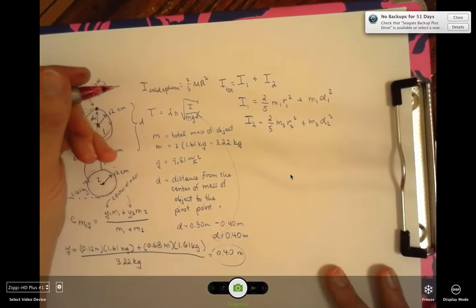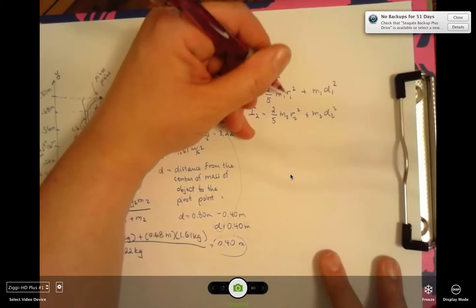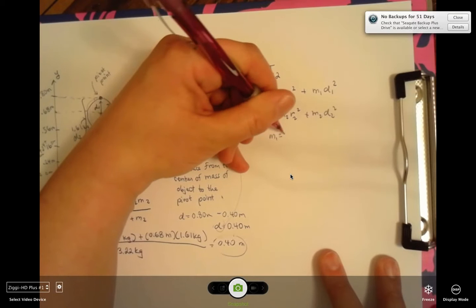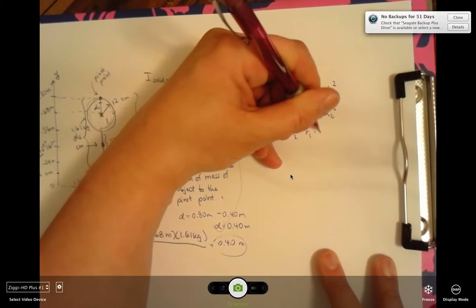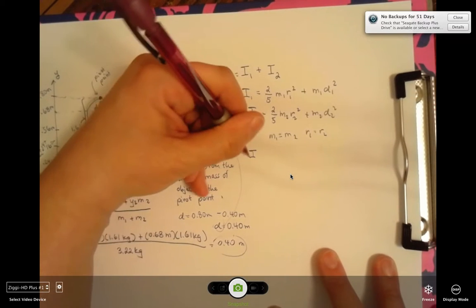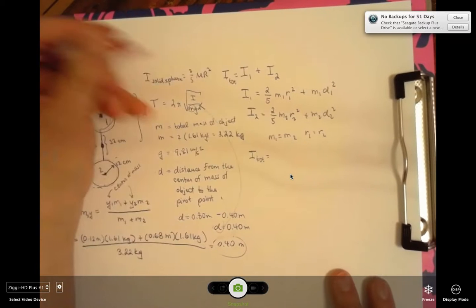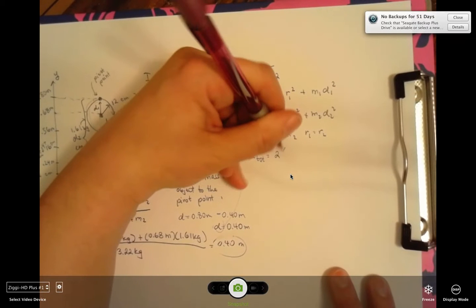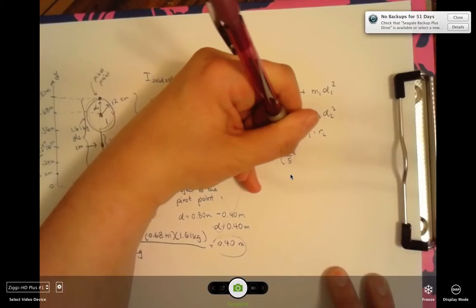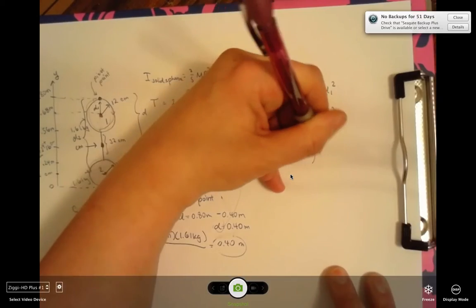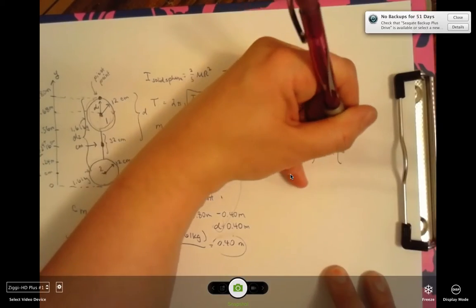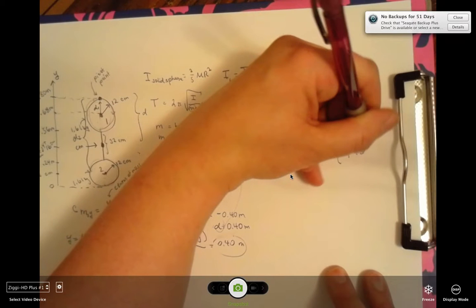All right, but the only thing that's really different about this is the d's, because m1 equals m2 and r1 equals r2. So really, our total moment of inertia for this is going to be 2 times 2/5 m r squared plus the mass times d1 squared plus d2 squared.